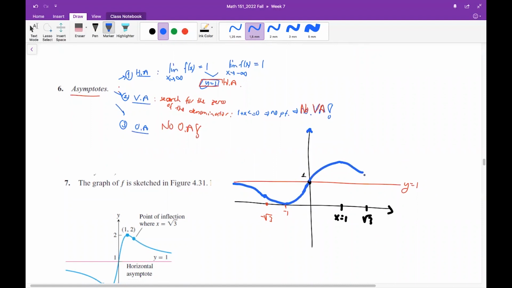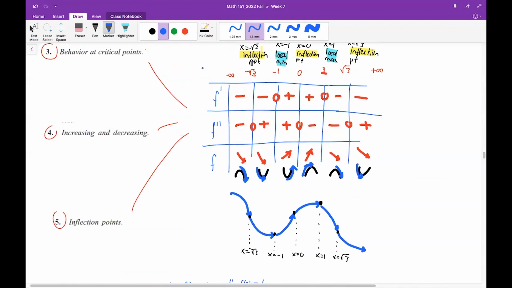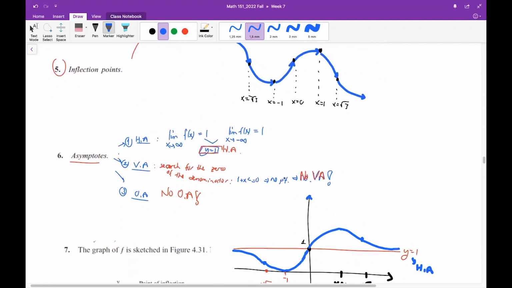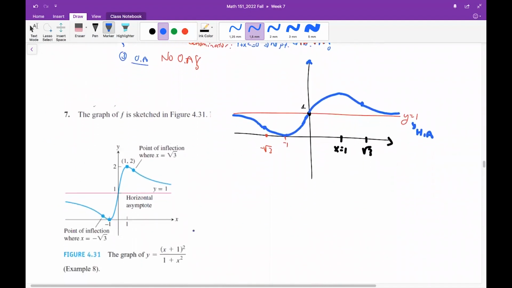So I will draw a graph like this, okay? So y equals 1 is the horizontal asymptote, and I read all the information here that I analyzed in the sign table to construct the graph of the function like this. And this is the graph taken from your course book.